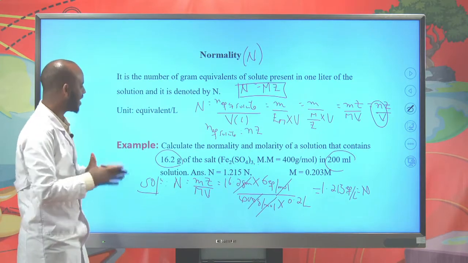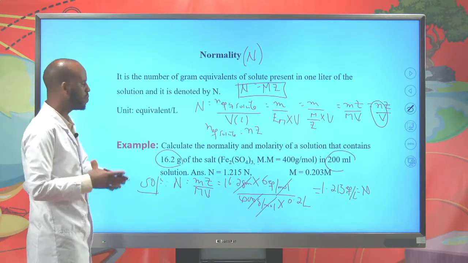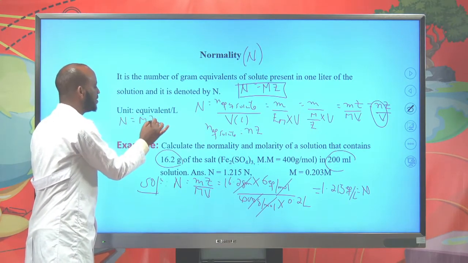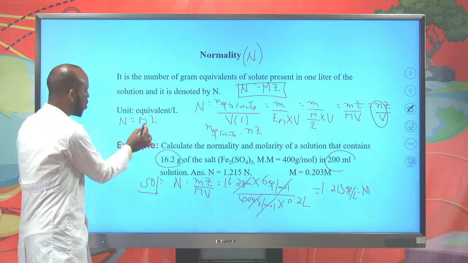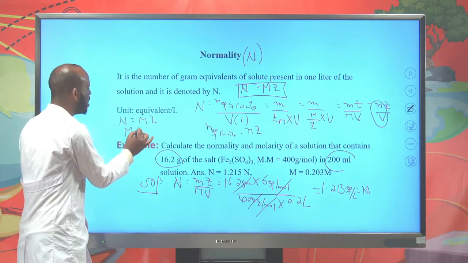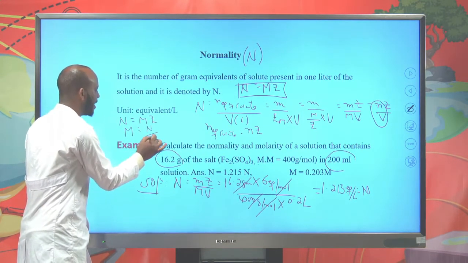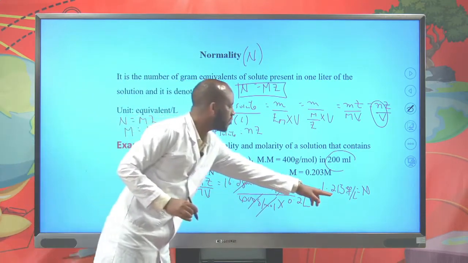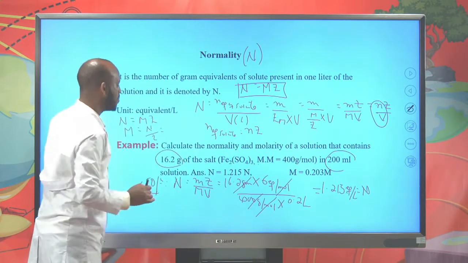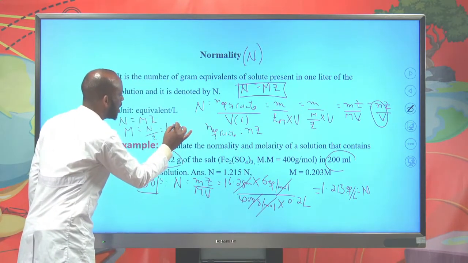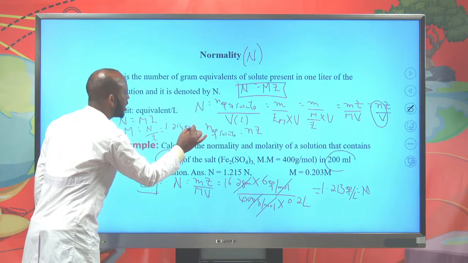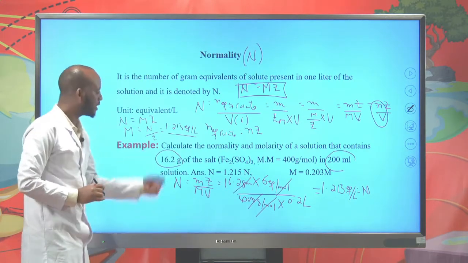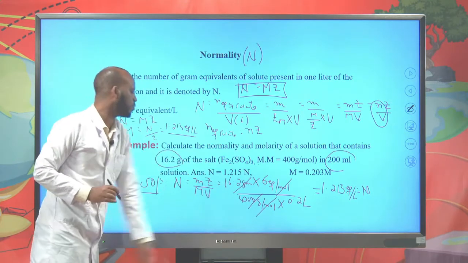What is the molarity of this solution? As we said, normality equals molarity times Z. From this, molarity of the solution equals normality divided by Z. Normality is 1.215 equivalent per liter, divided by Z, the total positive valence, which is 6 equivalent per mole.